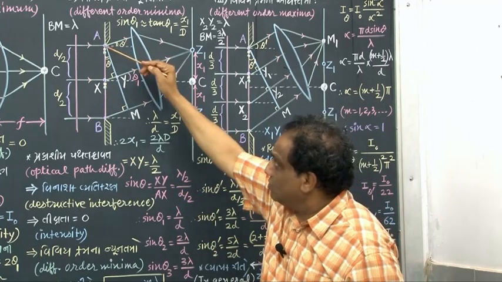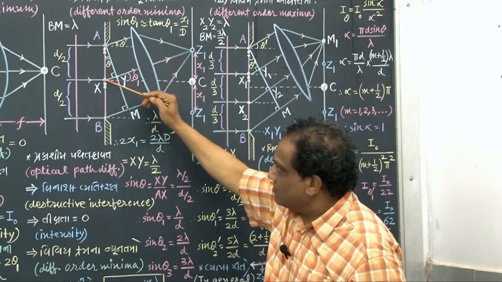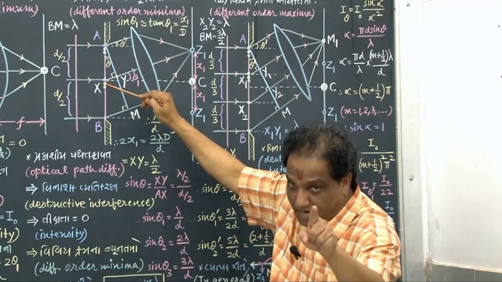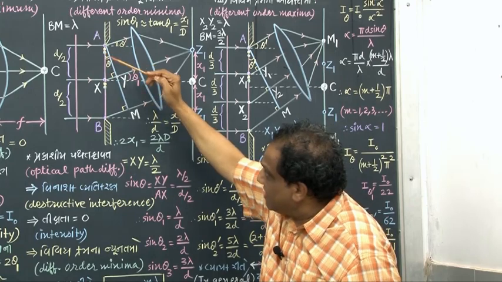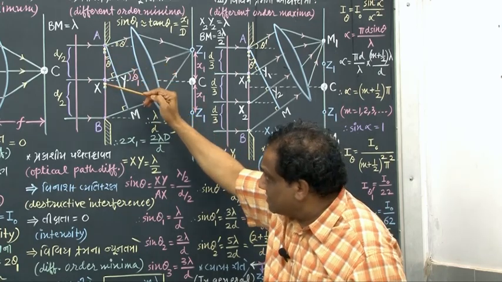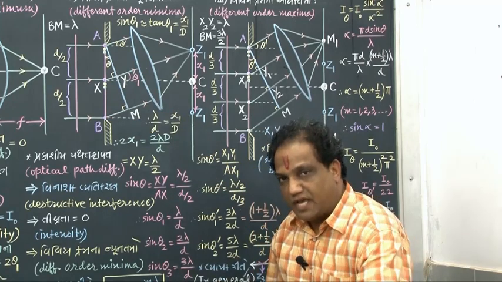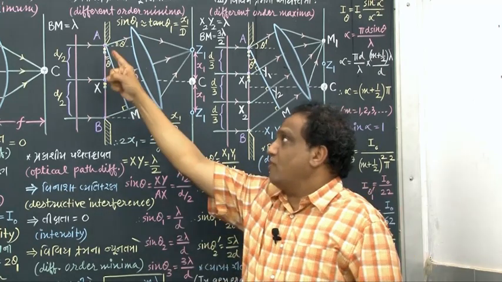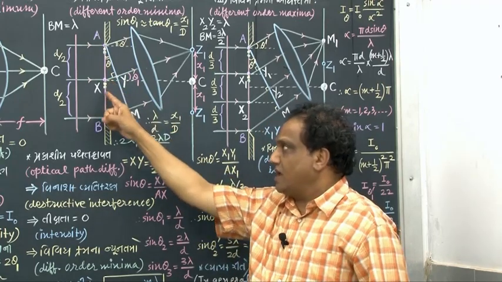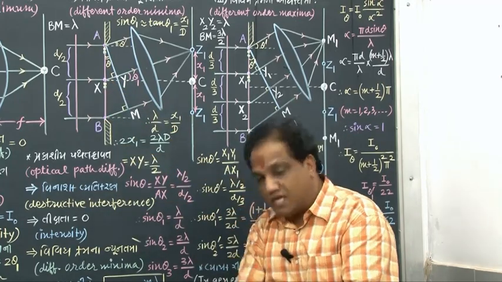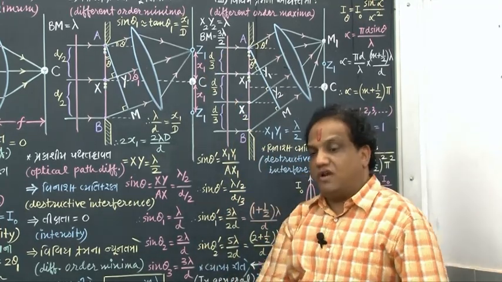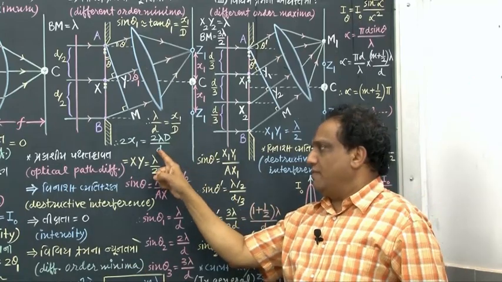Just below A1 you take A2, just below X1 you take X2. So between A2 and X2 also the path difference will be lambda by 2. Between A3 and X3 also the path difference will be lambda by 2, and so on. I mean to say, corresponding to every point in part AX, you can have one point in the corresponding part XB such that the light waves emitted from them, when they reach point Z1, will have path difference lambda by 2.